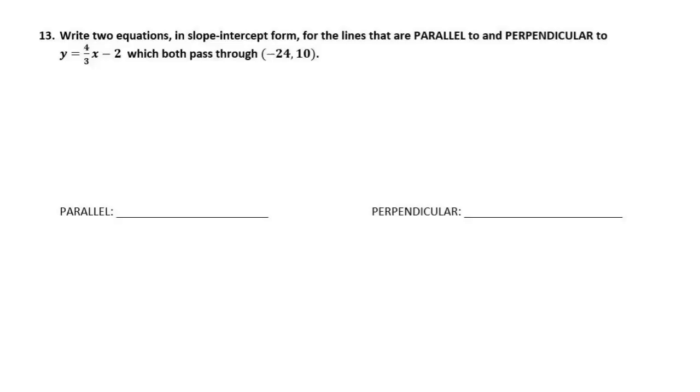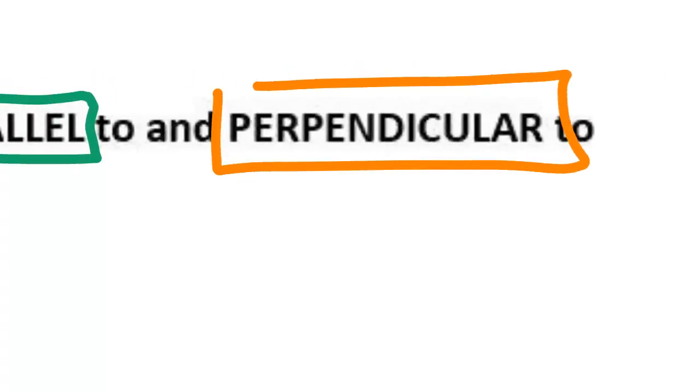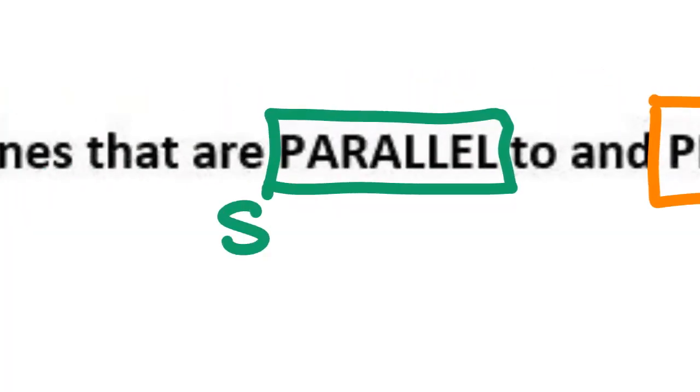Number 13, I want two equations in the end. One that is parallel to the given line and one that is perpendicular to the given line. I know that parallel means I'm going to have the same slope.